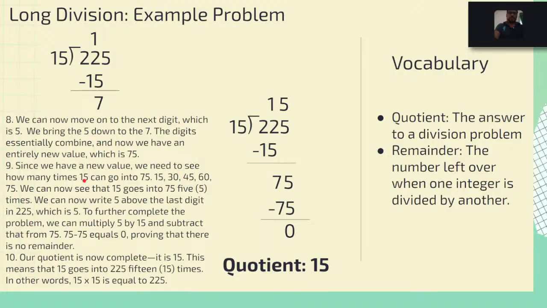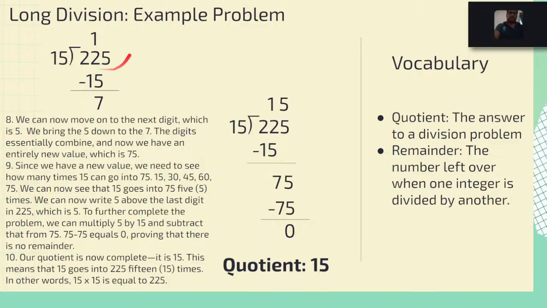We can now move on to step 8. So now we move on to the next digit of the dividend, which you can notice is also the last, and this is important to our quotient, which again is the answer to a division problem. This might seem weird, but the more you practice with long division, the easier it will seem.